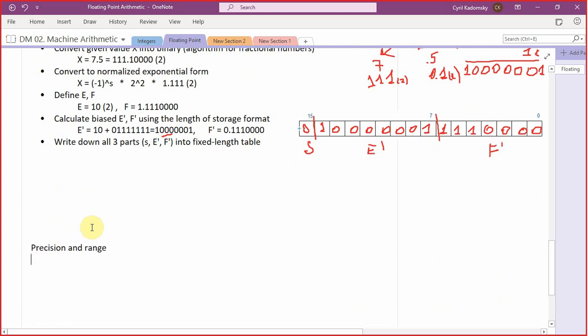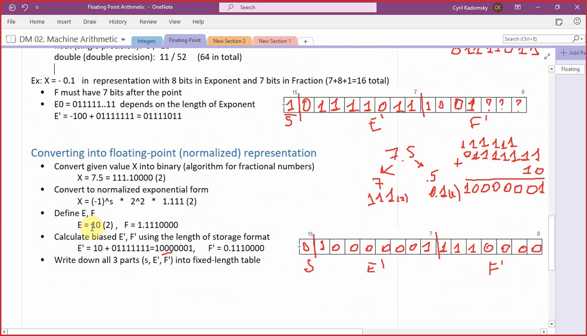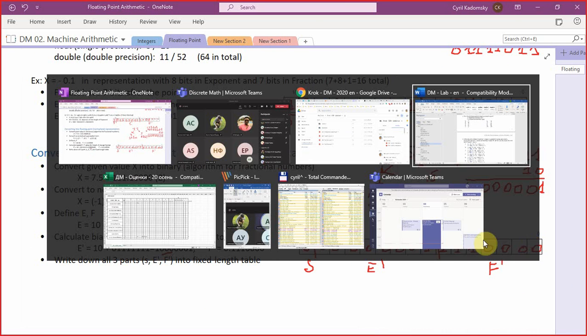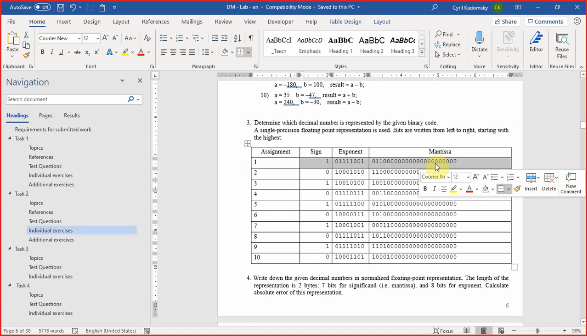But before, the back algorithm. Actually, it's quite straightforward, but in your exercises, you will have the reverse task. You will be given a number. For example, in this exercise, you have a number already in a floating point representation.